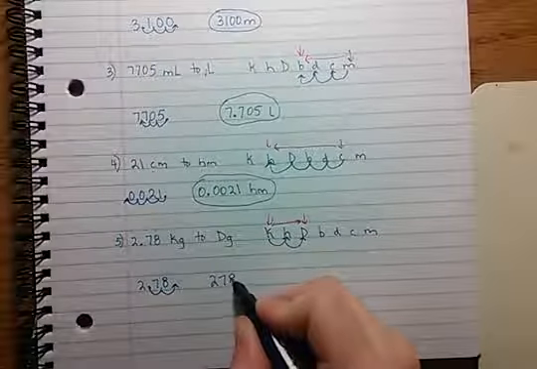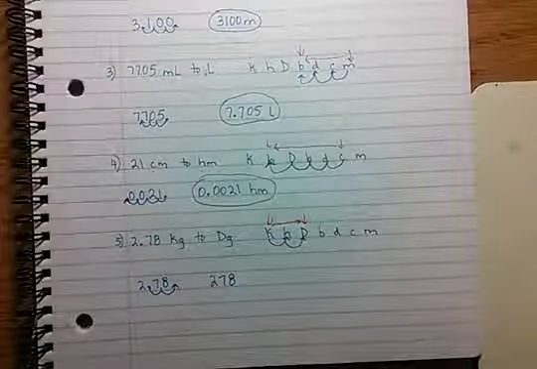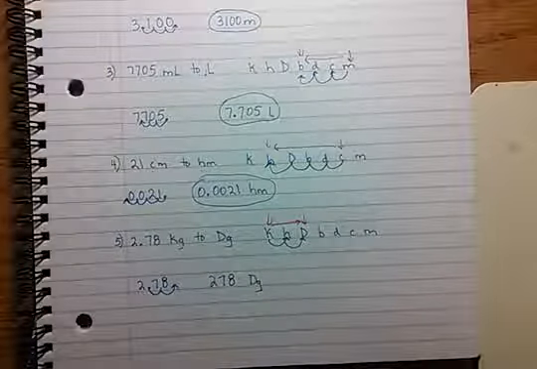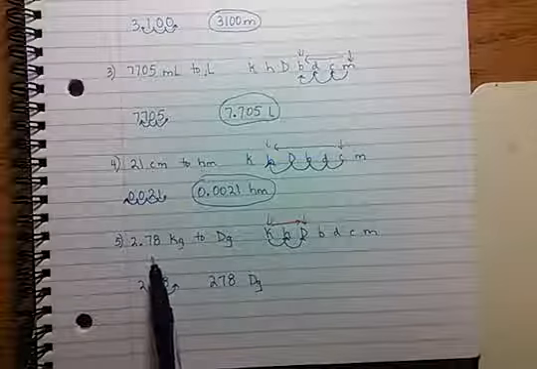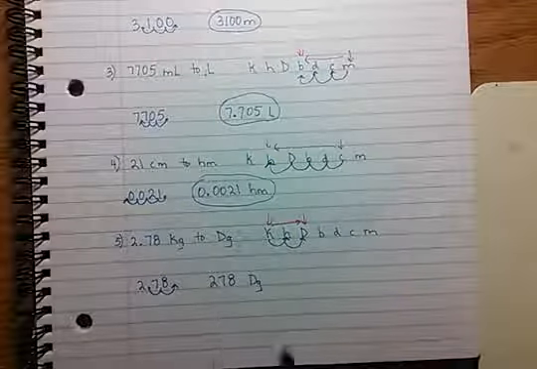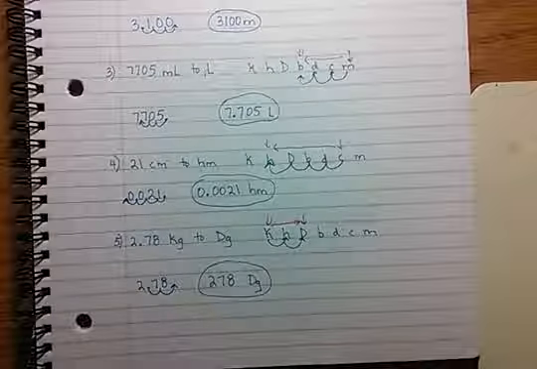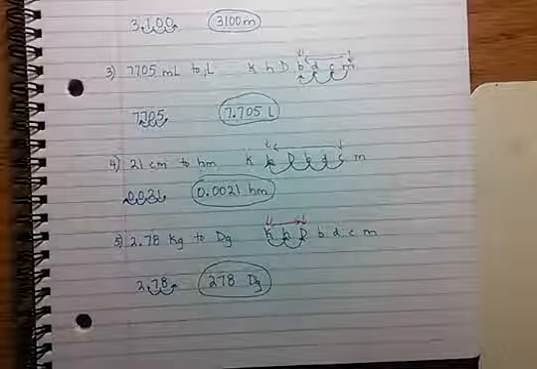So we end up with 278. What that means is that 2.78 kilograms is the same as 278 decagrams. I hope you know more about unit conversion now.